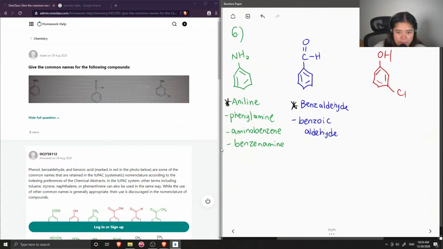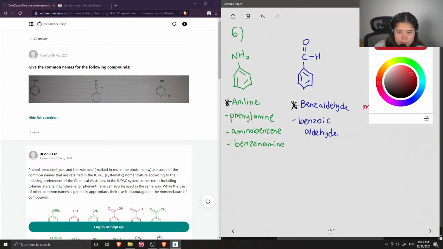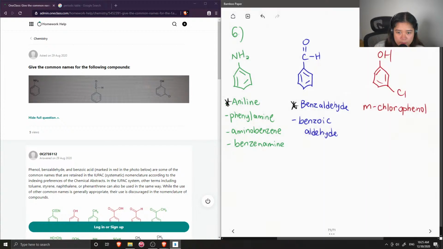And if they were on the opposite ends, then it would be the para position. But this is the meta position. So to show that it's meta, you put an M in front of the name. And its most common name is M-chlorophenol. So the chloro corresponds to the chlorine, and the ol corresponds to the alcohol.